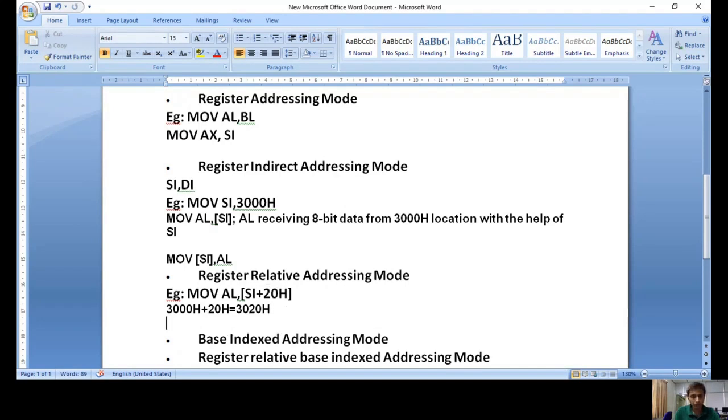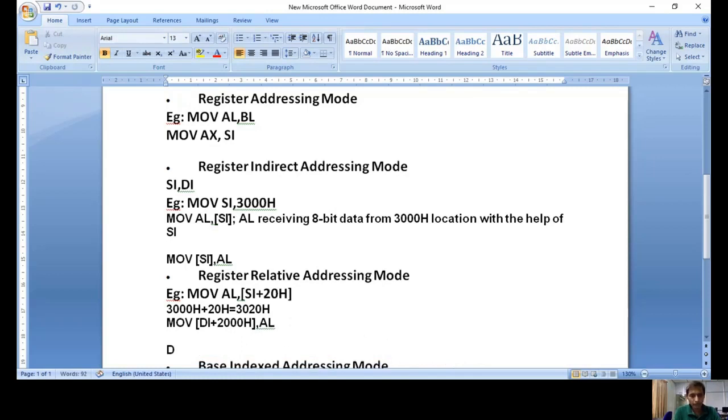If it is 16-bit, let us say we write MOV [DI + 2000H], AL. Not only SI, we can make it DI also. So what is the meaning? For example, assume DI is 3000. Then the 3000 address is now added to the 2000H address.